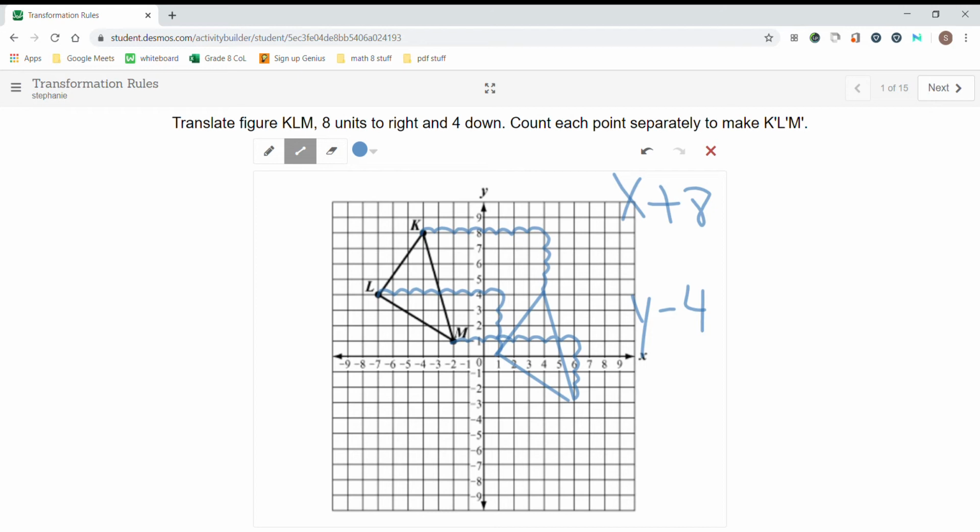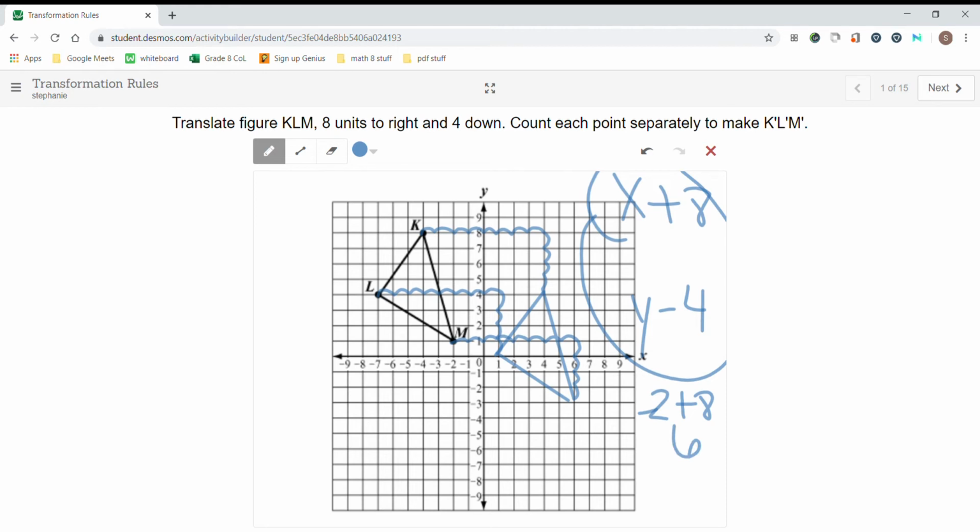If I didn't have this in front of me and I only had these rules and a point, let's use point M. M is at -2, 1. So -2 is my X. I could say -2 plus 8, and I know -2 plus 8 is 6.